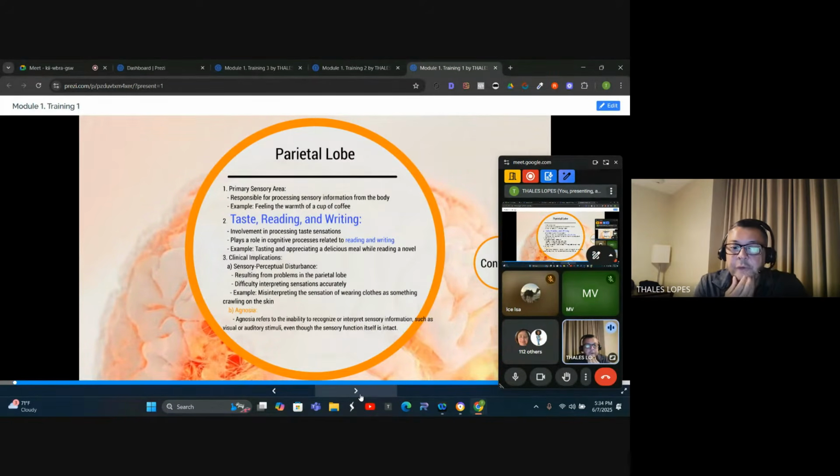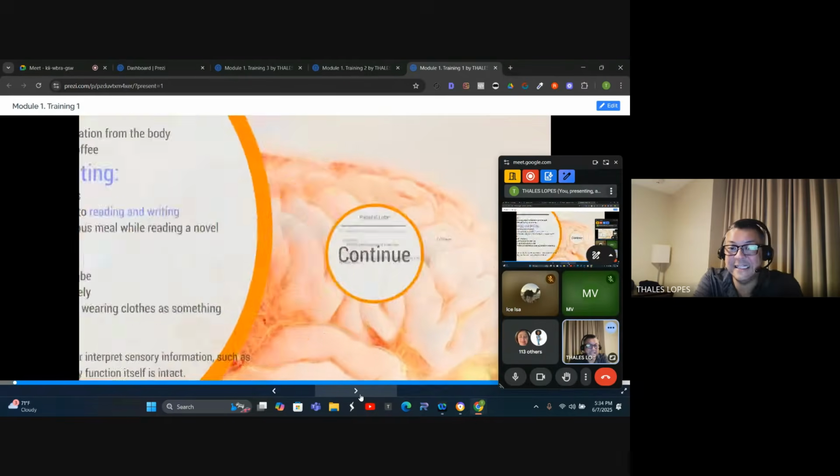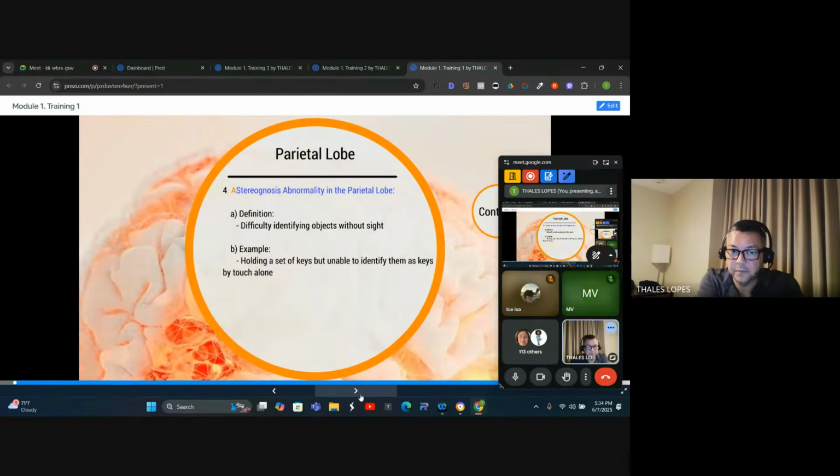It refers to the inability to recognize or interpret sensory information such as visual or auditory stimuli, even though the sensory organ itself is intact, right? So stereognosis is the abnormality in the parietal lobe, right? So difficulty in identifying objects without seeing.